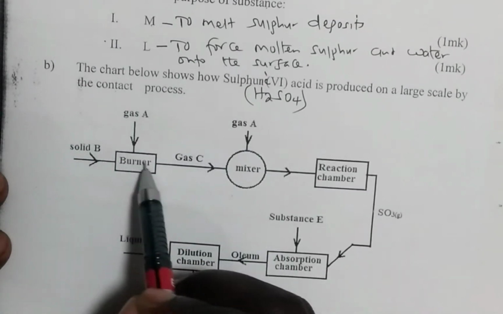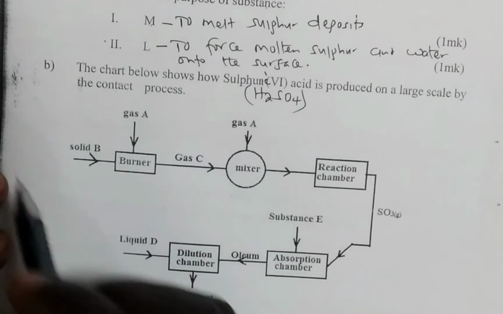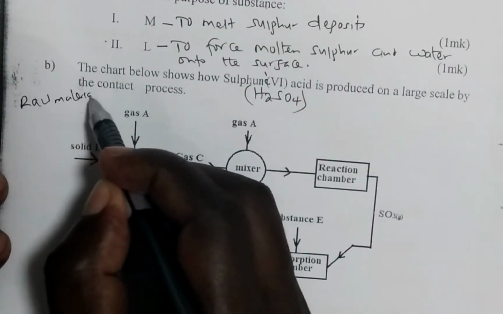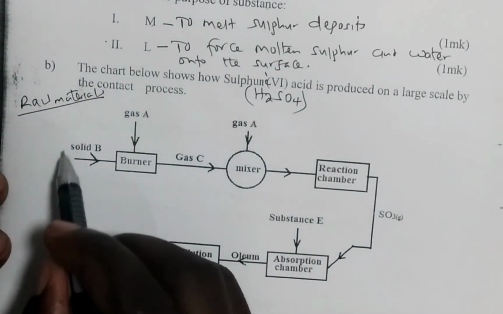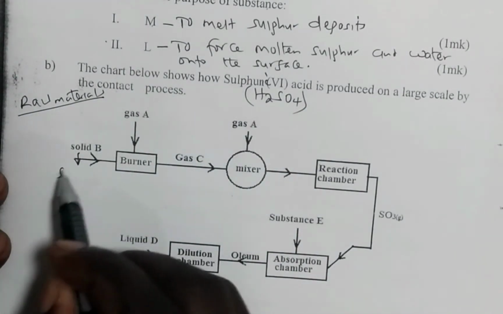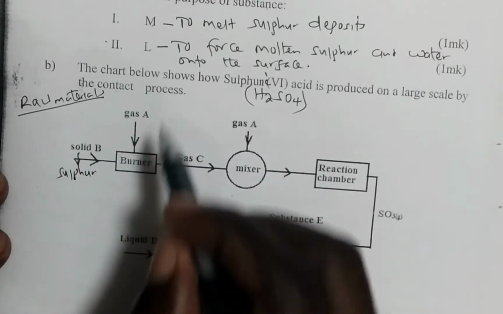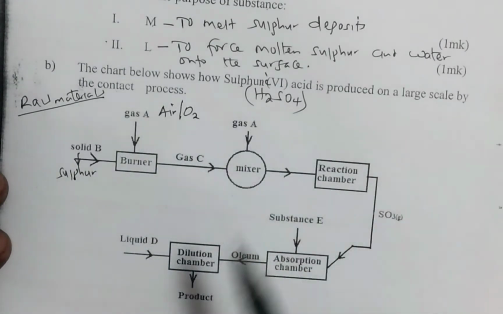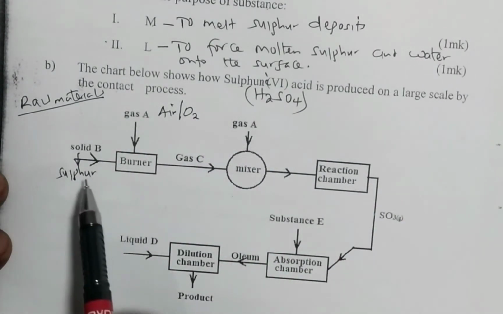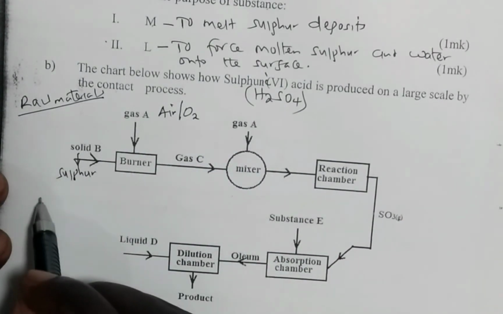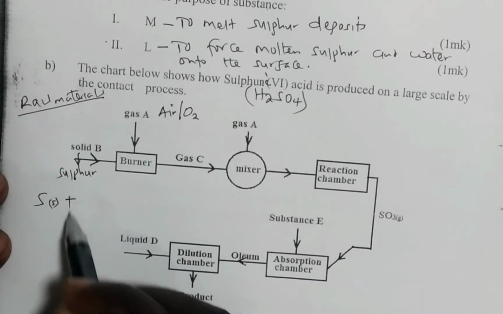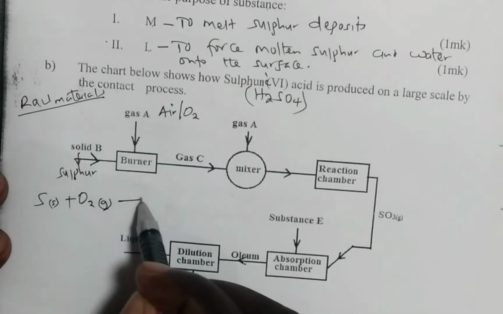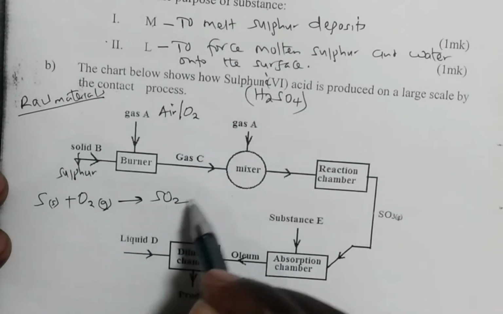Remember, anything that we introduce into the system represents our raw materials, and our raw materials in this case, we have sulfur, which is solid B. We also have gas A, which is either air or oxygen. The reaction between solid B, which is sulfur, and air, which is oxygen gas, produces gas C, which is sulfur IV oxide.